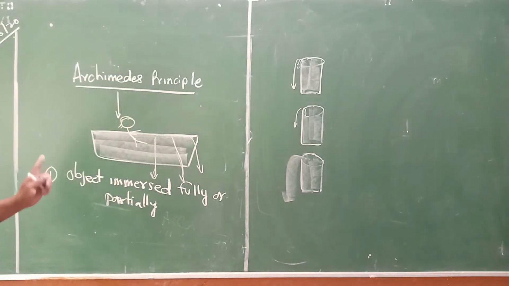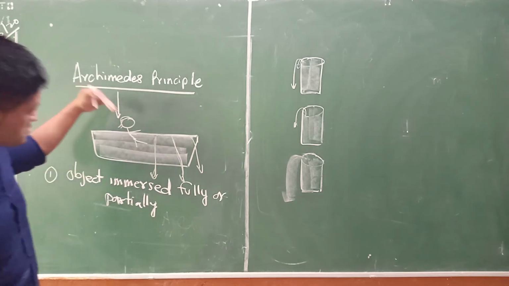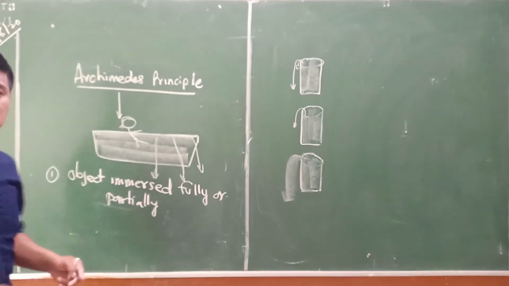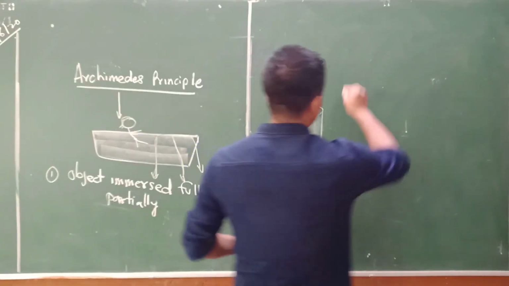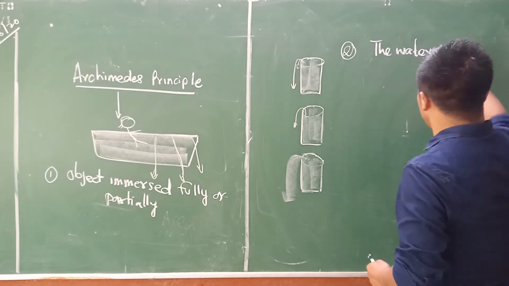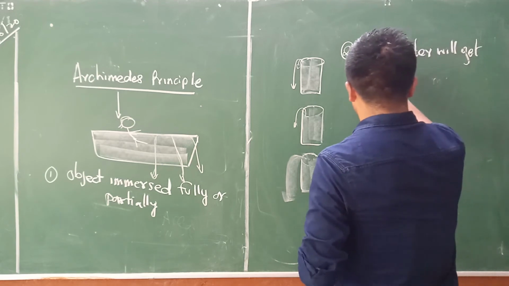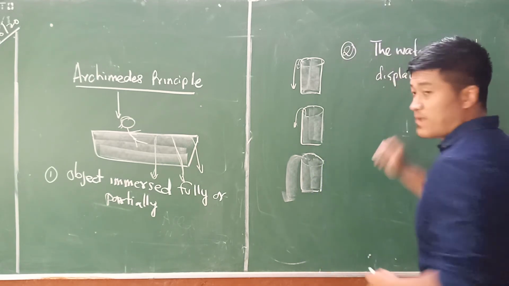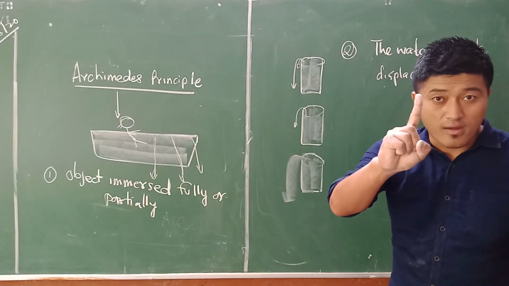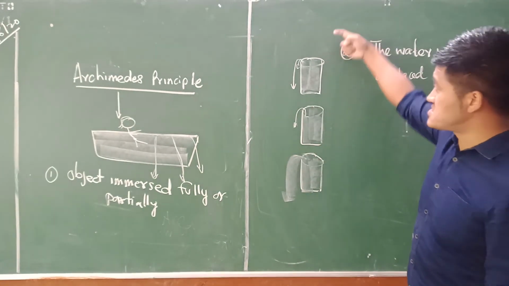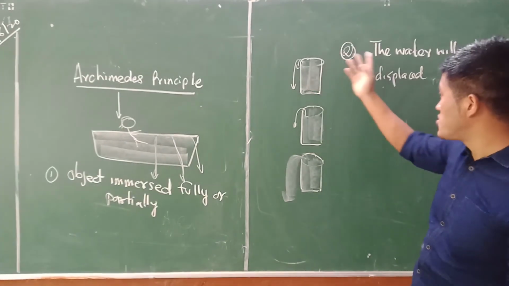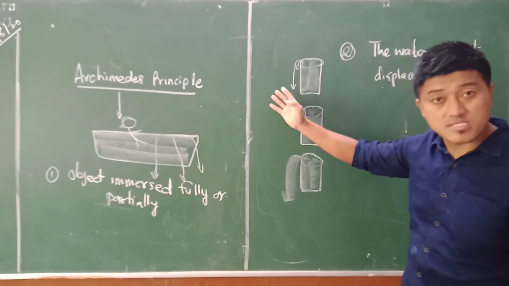Number one, whenever an object is immersed fully or partially, partially meaning half, you will see some amount of water displaced outside. Let's say this is my finger. Whenever an object is immersed, some water is going to get displaced.